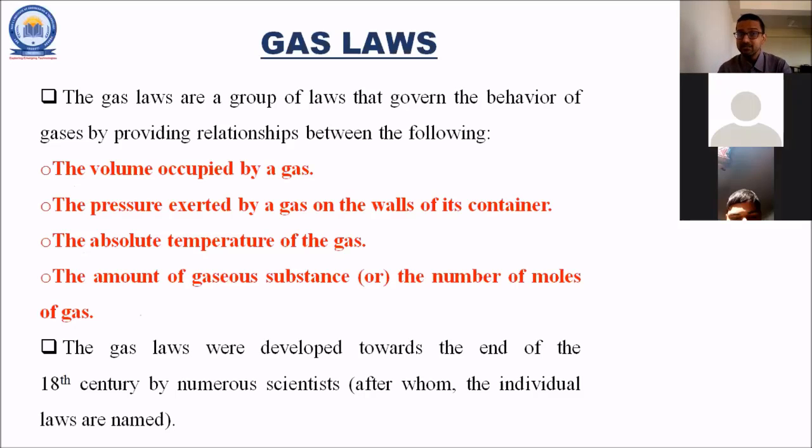The different parameters can be the volume occupied by the gas, that is the capital V, the pressure exerted by the gas on the walls of the container where the gas is filled. The third can be the absolute temperature of the gas, and the fourth one will be the amount of the gaseous substance or the number of moles of the gas. So the gas laws give us the relationship between all these four parameters.